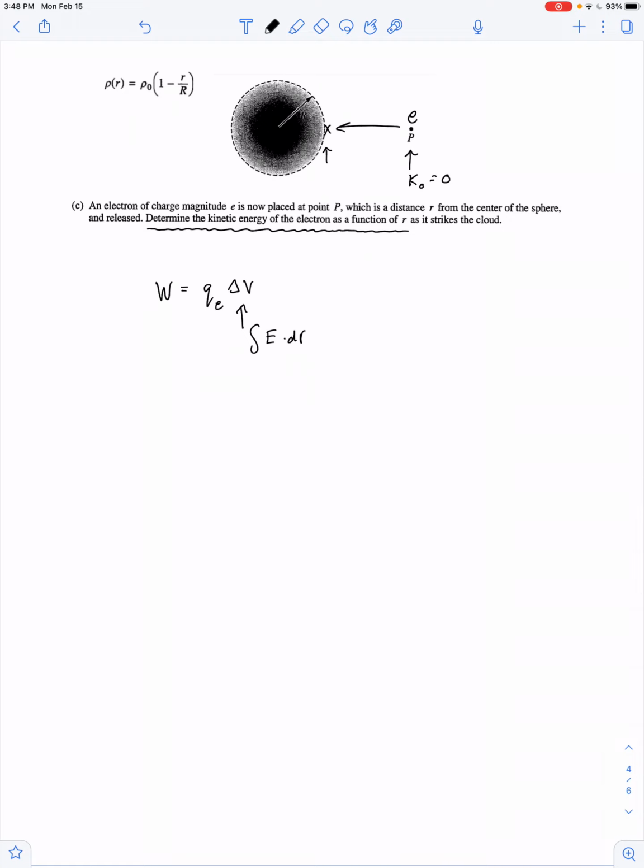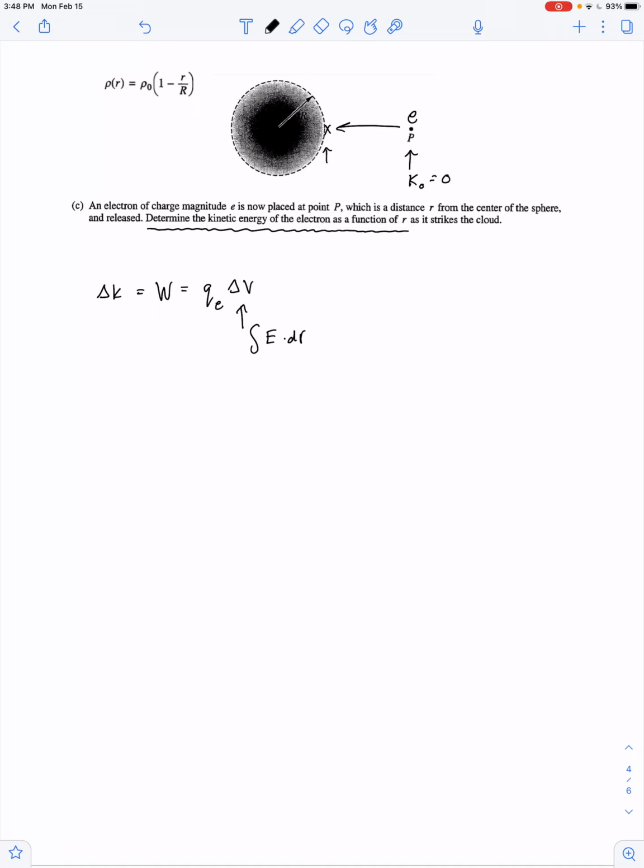So let's see. We can say that the work-kinetic energy theorem here applies. So the work being done is equal to the charge of the electron multiplied by the difference in electric potential, but the difference in electric potential is equal to the integral of E dot dr, and the work is equal to the change in kinetic energy.